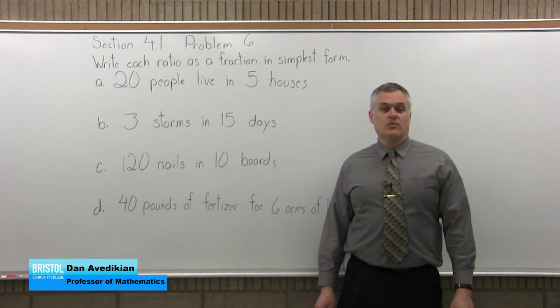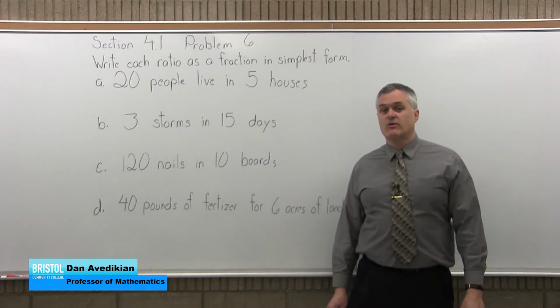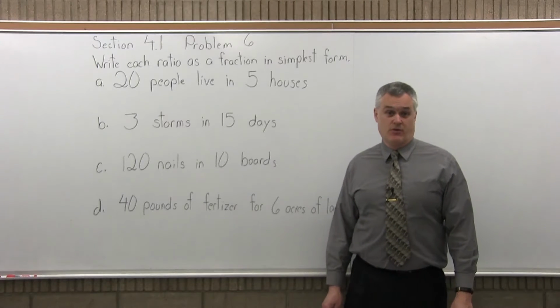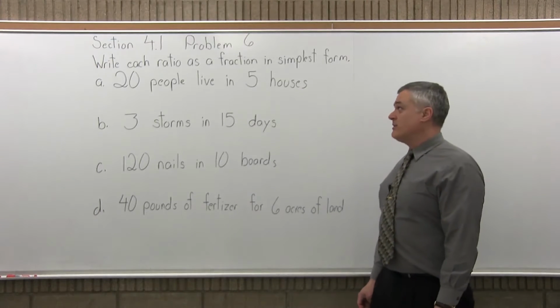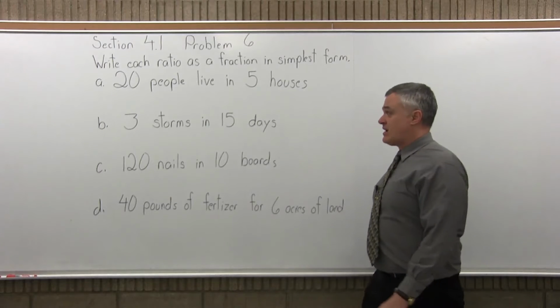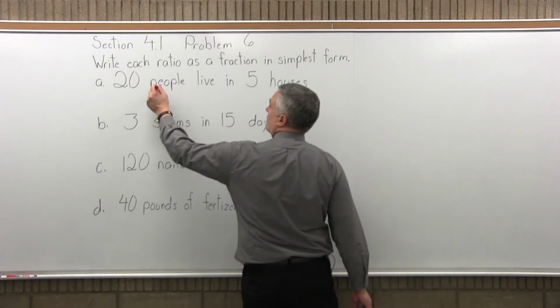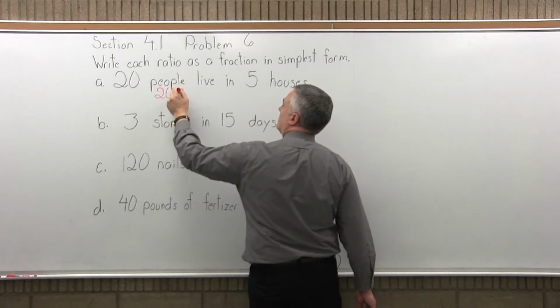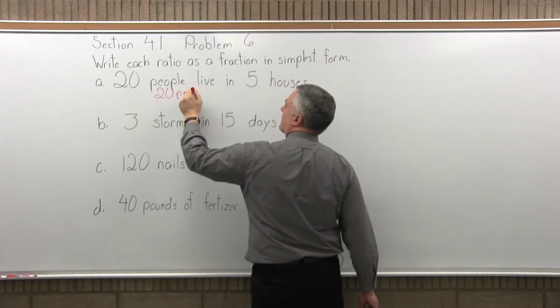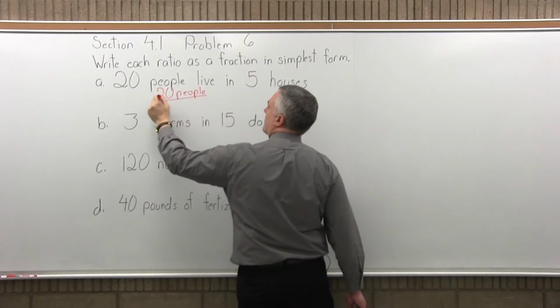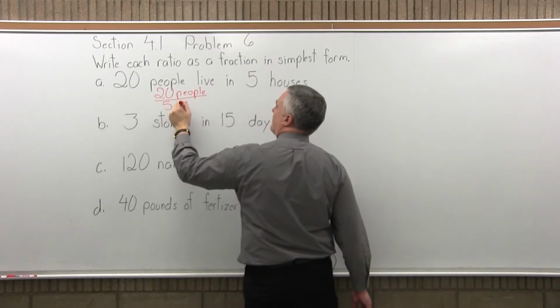This is Section 4.1, Problem 6. It says write each ratio as a fraction in simplest form. And Part A says 20 people live in 5 houses. So we have 20 people over 5 houses.